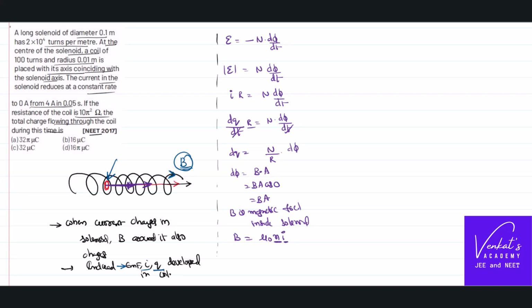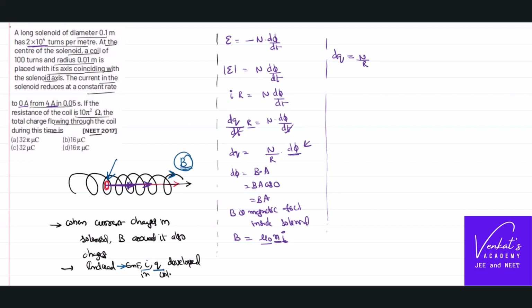So mu naught is fixed, n is given in the problem, and i is the current changing from 0 to 4, which means the current is 4 amperes. Now I know everything, so let us substitute. What happens to dq? The change in the flow of charge is N by R d phi.